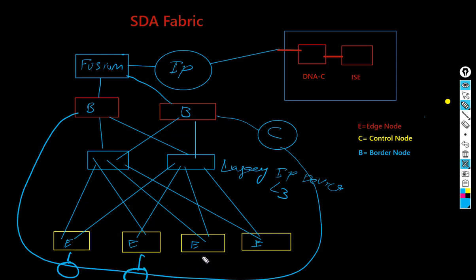The edge nodes are typically giving access to all the wireless and wired clients, and that's where we're going to use the mobility element of Cisco DNA Center to give access to all the endpoints in the SDA fabric.